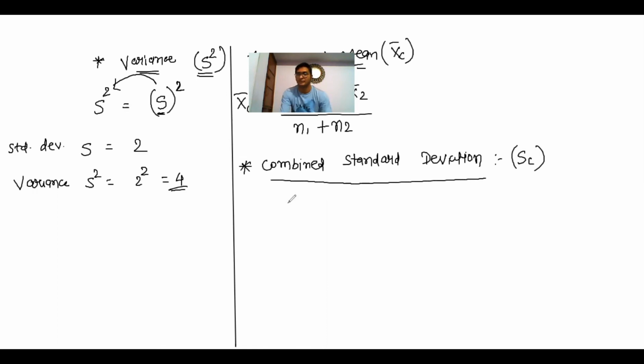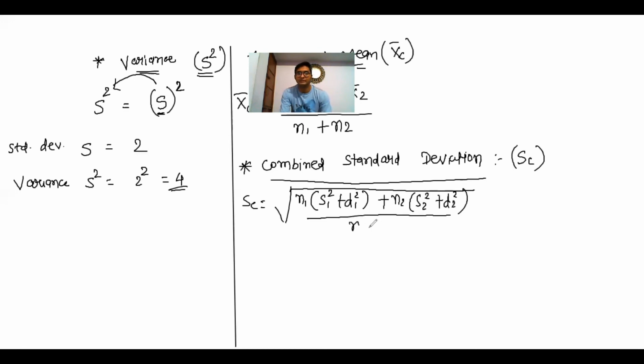For combined standard deviation, the formula is under root n1 in bracket s1 square plus d1 square, plus n2 in bracket s2 square plus d2 square, whole divided by n1 plus n2. You can see that this formula is a little hard.